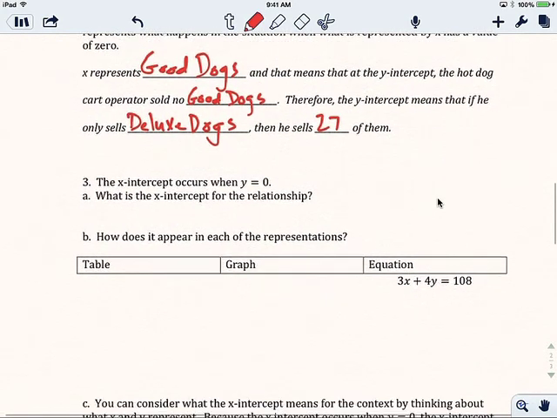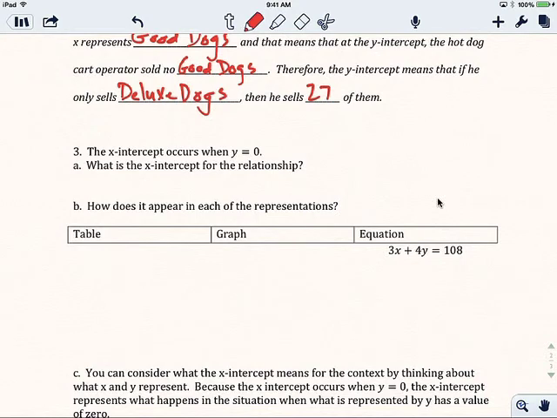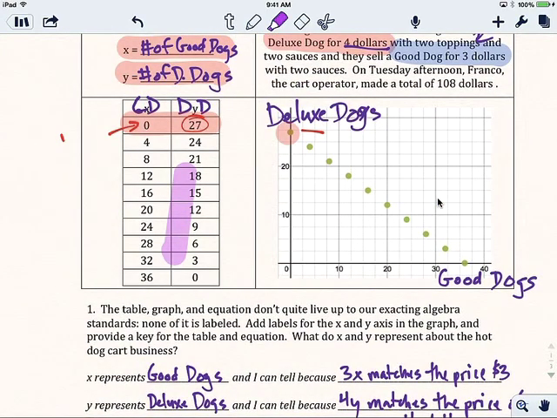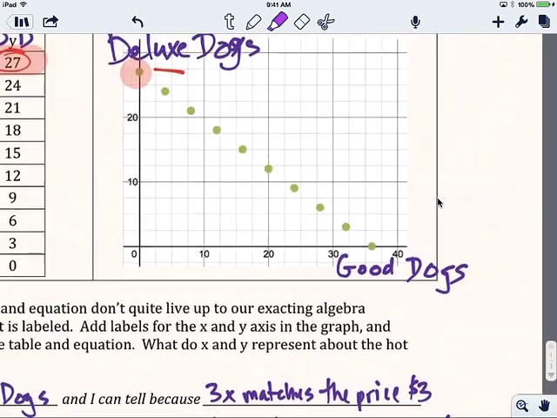All right, the x-intercept occurs when y equals 0. So that's maybe the second most important thing that we need to notice about this page. The x-intercept, which may be a new idea to you, occurs when y equals 0. And so let's look at what that means. Just like the y-intercept was where the line crossed the y-axis, the x-intercept is going to be where the line crosses the x-axis.